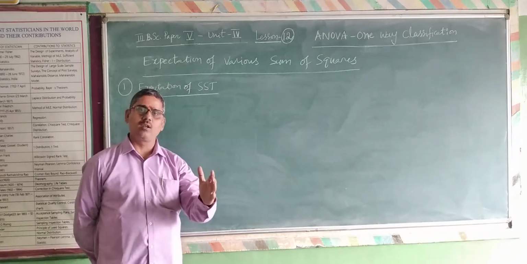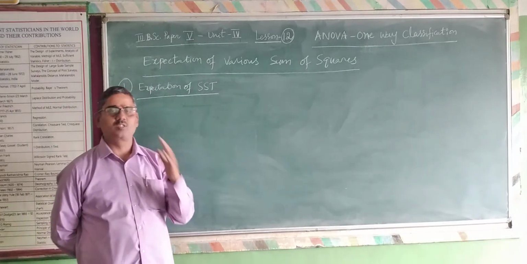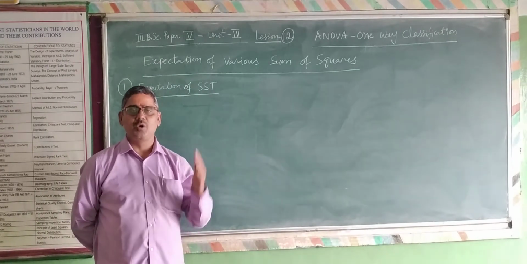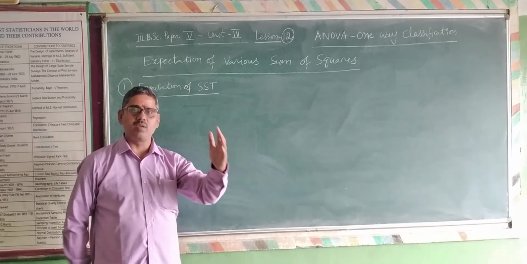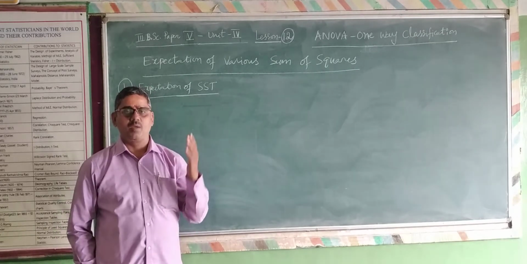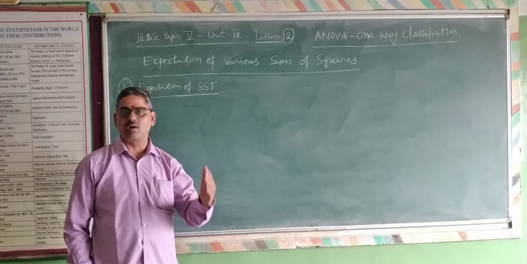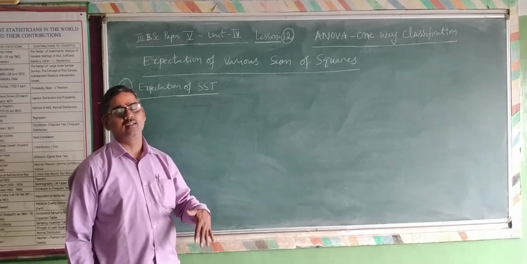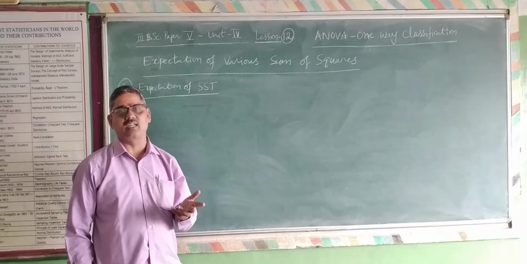In the previous part, we discussed various formulas: Yij, Y bar I dot, Y bar dot dot, and the mean and variance of epsilon ij, epsilon bar I dot, epsilon bar dot dot. Recollect the formulas and then apply them wherever necessary.